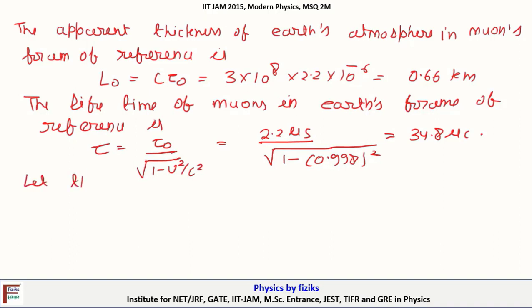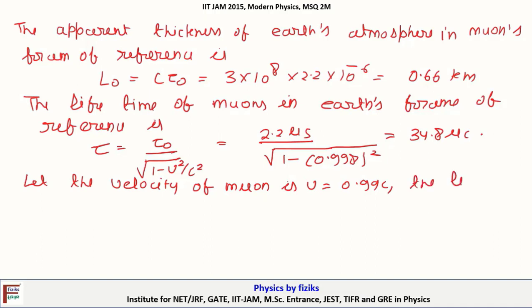Let the velocity of the muon be 0.999 c.